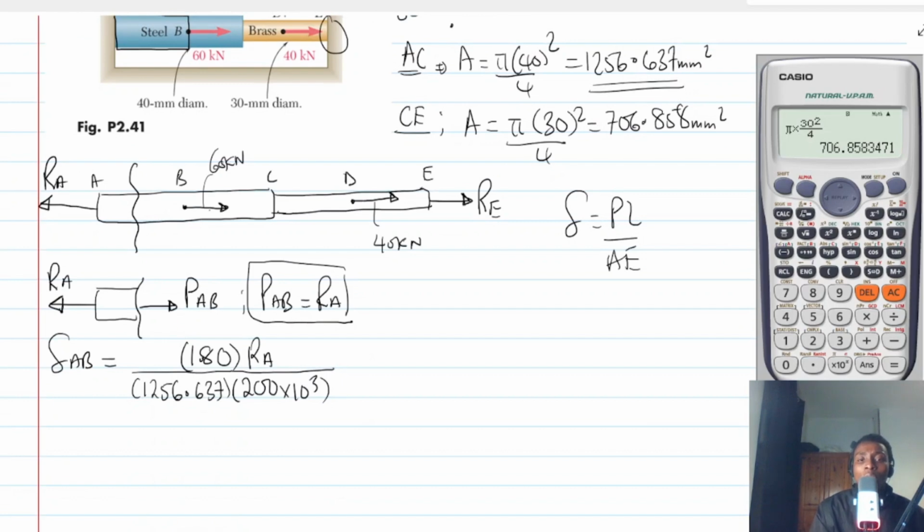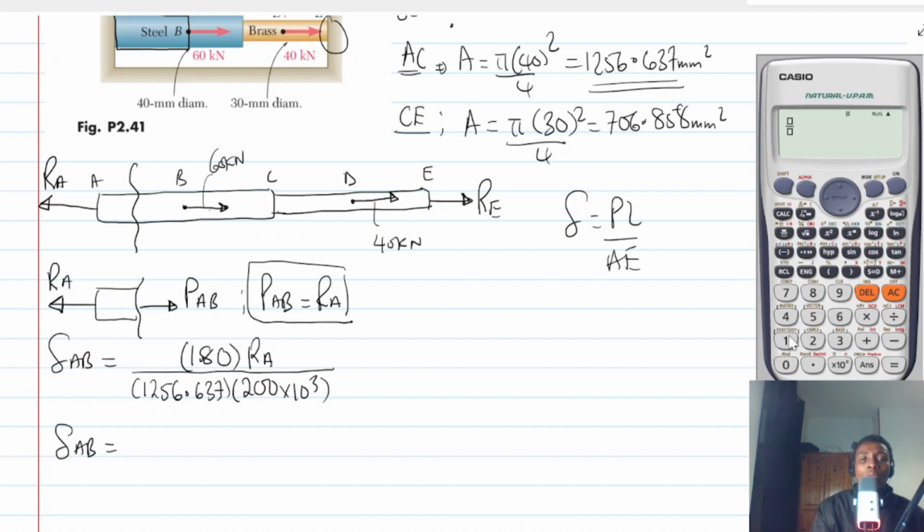All right, so if I do this, what is going to happen? From A to B, the deflection in terms of RA is going to be, let's pick our calculators and do this.